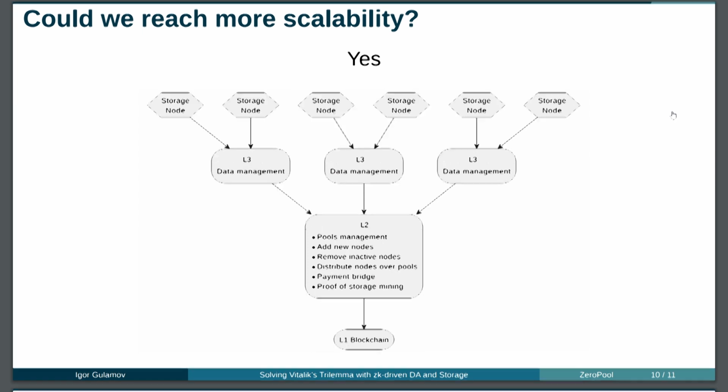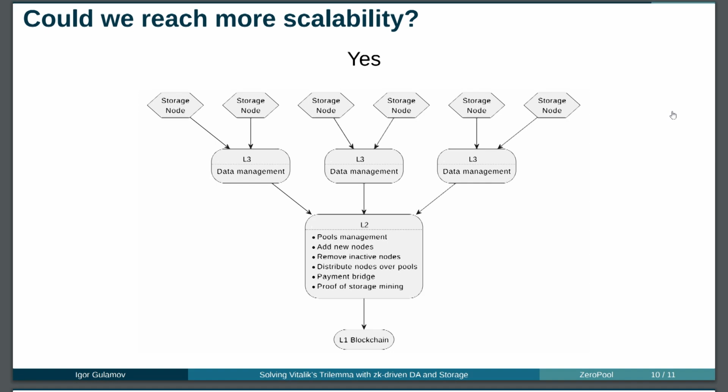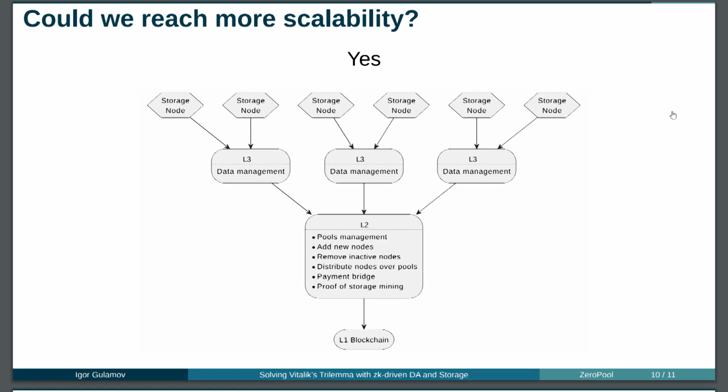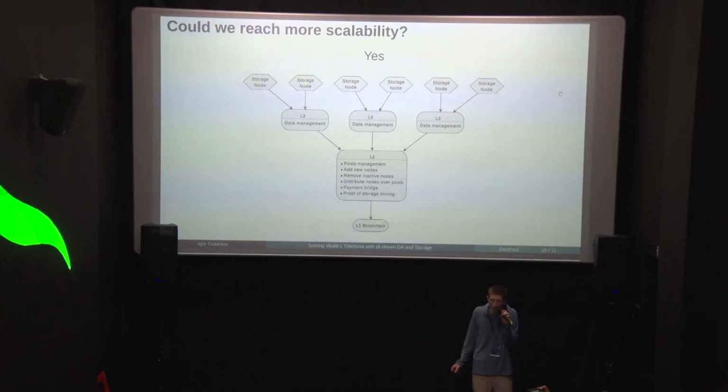It's a two-layer solution where on the top layer rollup operates which mining nodes should store which data. This is important because if we have no such layer, then malicious operators can concentrate to a single segment of the network.